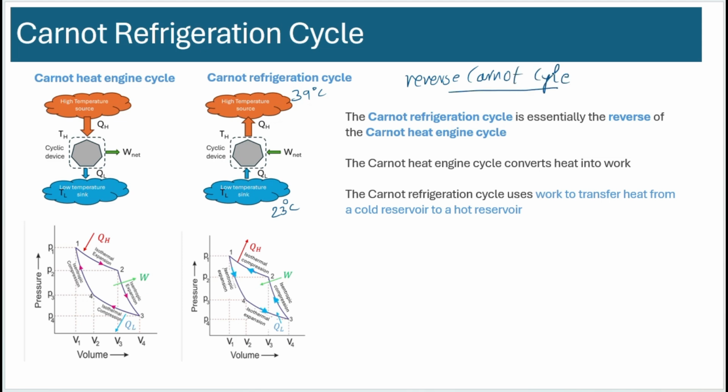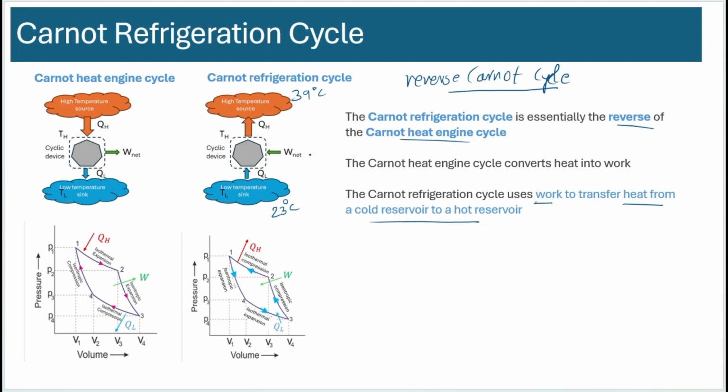It's thermodynamically feasible, even though in reality it's not 100% feasible because of the isentropic processes. So it's the reverse of the Carnot heat engine cycle and uses work to transfer heat from a cold reservoir to a hot reservoir.